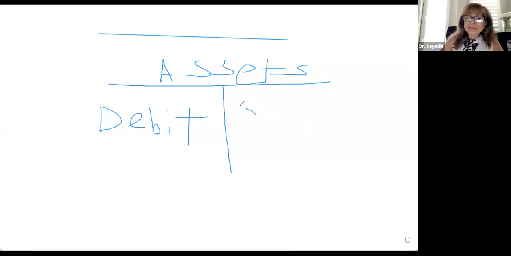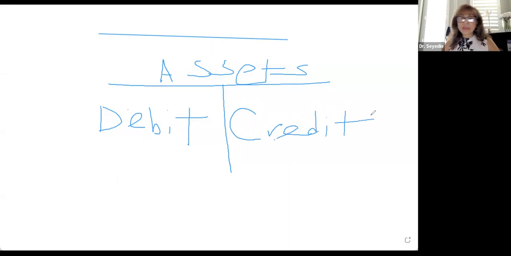So the right side is called the credit side. Okay, so now we said any increase in asset, we're gonna put it on the debit side. Any decrease, we record it on the credit side.